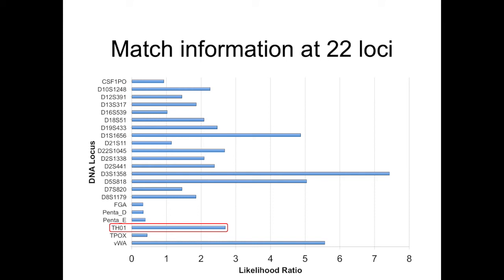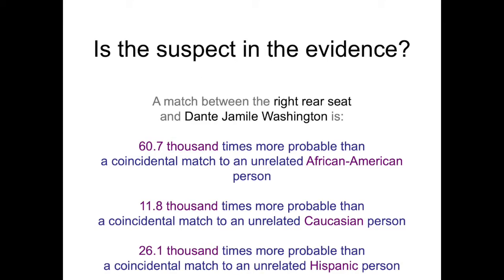The numbers are all multiplied together because they're independent genetic locations, and now we can answer the question, to what extent is the suspect in the evidence or not? And we can make the statement that a match between the right rear seat and Dante Washington is 60,000 times more probable than a coincidental match relative to an African American population.